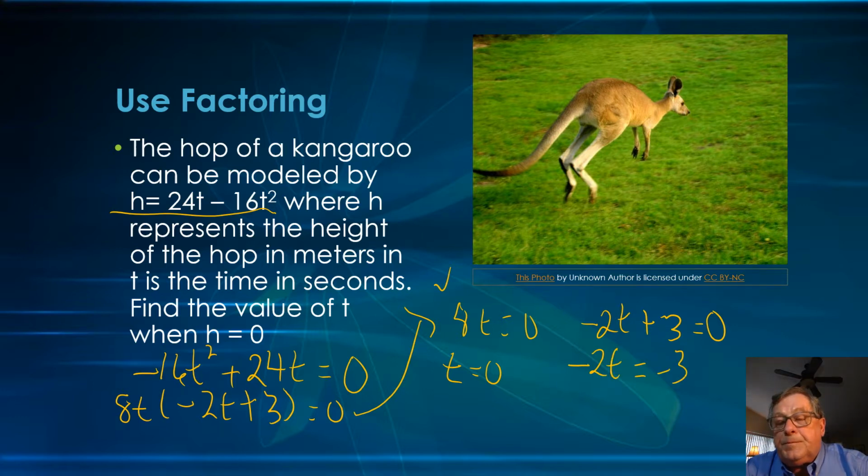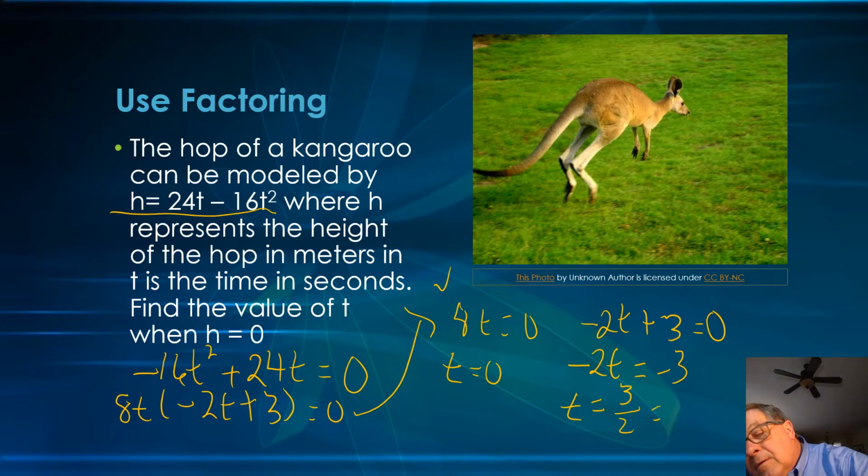And then we're going to divide by negative 2 so that t will equal, well, I'm dividing two negatives, which means it's going to be positive 3 over 2, or I could say 1.5 seconds. And again, after 1.5 seconds, the kangaroo has made its hop and it's back on the ground.